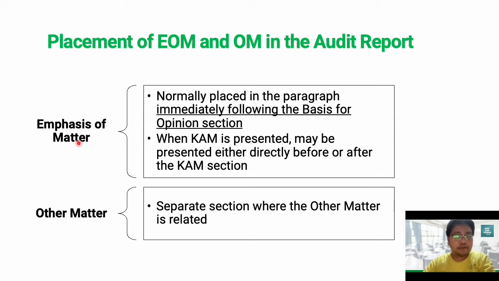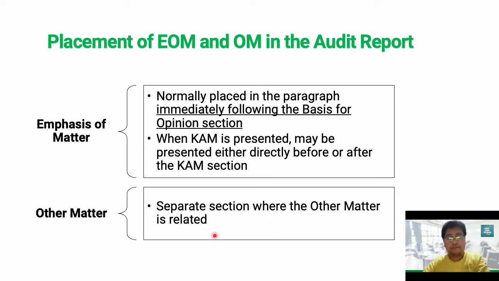For the emphasis of matter paragraph, we normally place it in the paragraph immediately following the basis for opinion section. If there is a key audit matter section, we can present it either before or after the key audit matter section. For the other matter paragraph, we put it where the other matter is related.